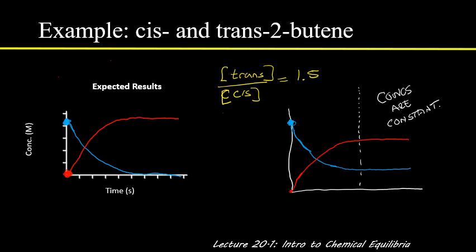And the interesting thing is we can take this experiment and we can rerun it over and over and over again. We can start with all cis and watch it convert to trans. We could start with all trans molecules and watch them convert to cis molecules.